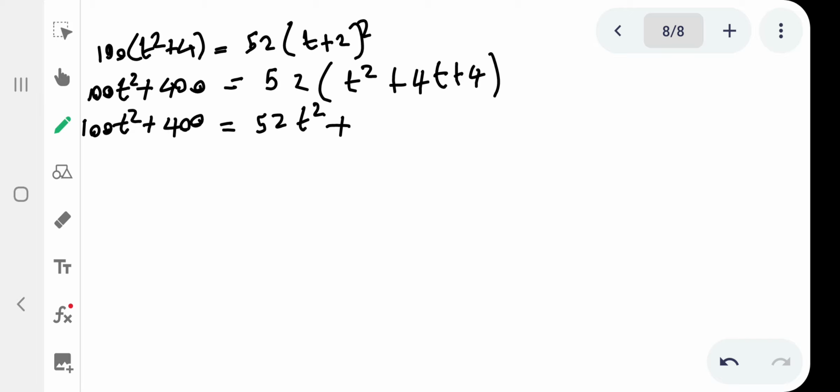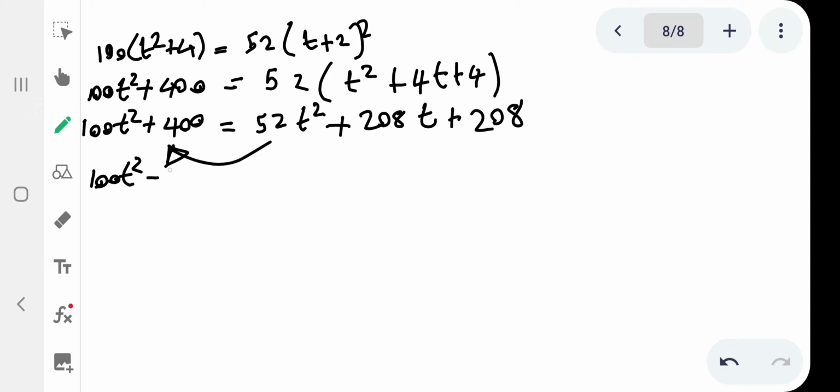And then 52 times 4 is 208t plus 208, right? So now we collect like terms: 100t squared minus 52t squared, then negative 208t, right?